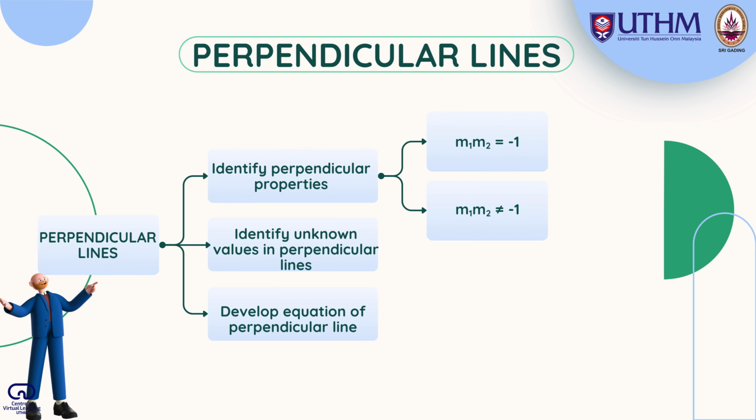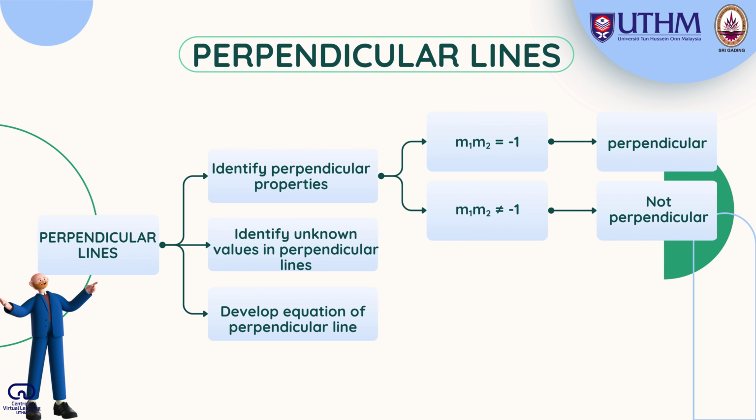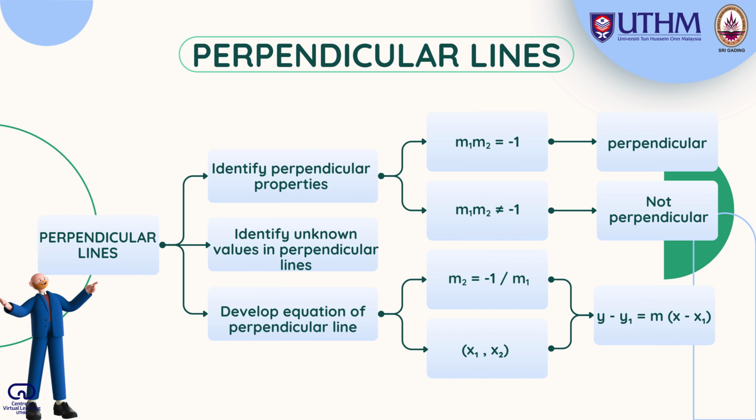If the product of the gradients is -1, the lines are perpendicular. To find the unknown or write the equation, we use the formula y minus y1 equals m times x minus x1, where m2 equals -1 over m1. Now, let's look at the examples.